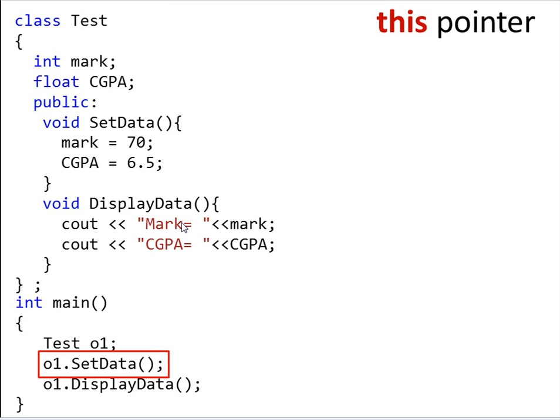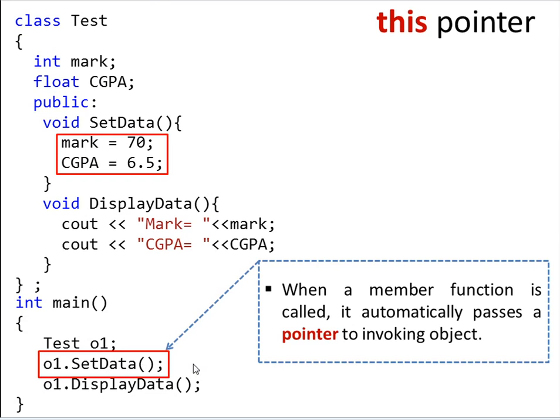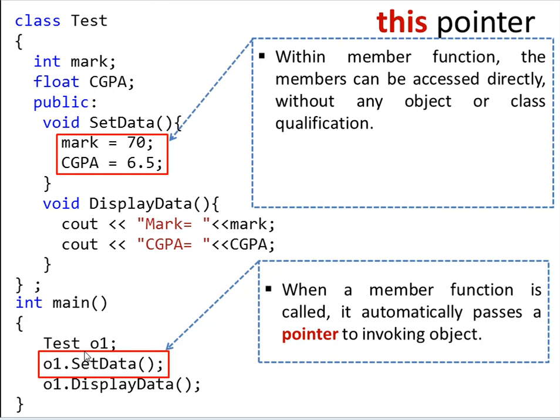Now what exactly happens when O1 dot set data is executed? We know it assigns the marks, but when a member function is called, it automatically passes a pointer to the invoking object. In this case, it will pass the pointer to O1, the invoking object. Within a member function, the members can be accessed directly without any object or class qualification.